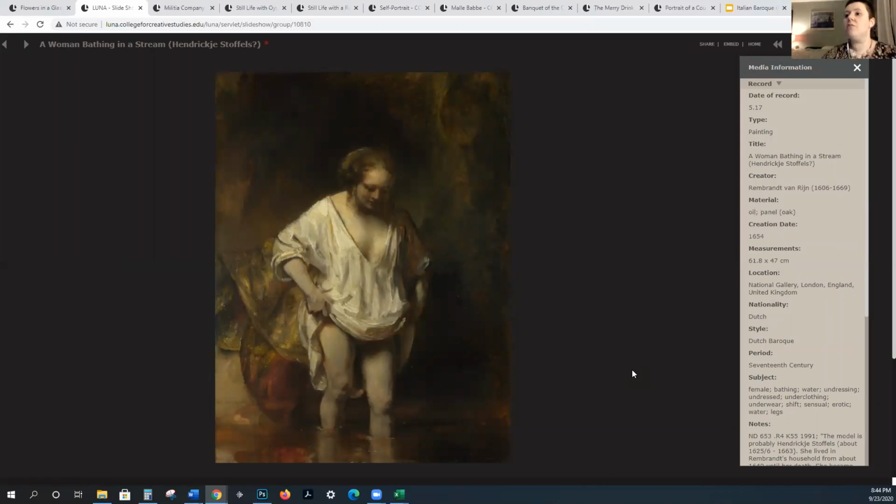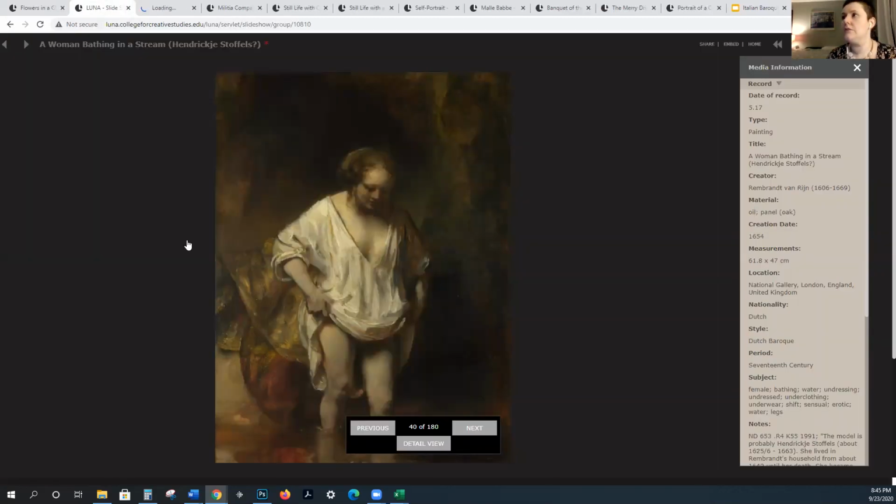So this is woman bathing in a stream, and he captures these people in somewhat vulnerable poses, and they don't look super staged. Sometimes they do. And he'll often have an ornate object or costume. But again, a lot of darkness in the background, and these are still somewhat loosely painted.